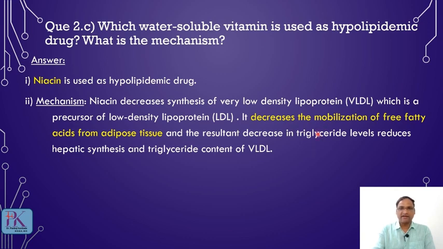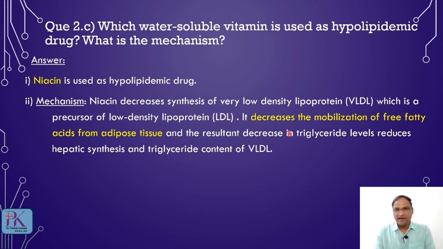How? Because triglyceride means glycerol plus free fatty acid, right? So if there is a decreased quantity of free fatty acid, obviously it will decrease the triglyceride level. And as a result of the decrease in triglyceride level, there will be a decrease in hepatic synthesis and triglyceride content of VLDL, because VLDL contains triglyceride.